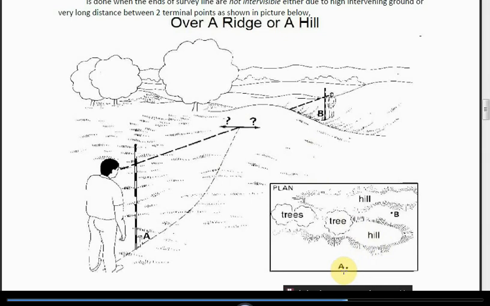When there is a hill between points A and B, the persons standing at A and B cannot see each other because the hill obstructs the view. Hence A and B are not intervisible. Now we'll see with the help of an animation what indirect ranging is.